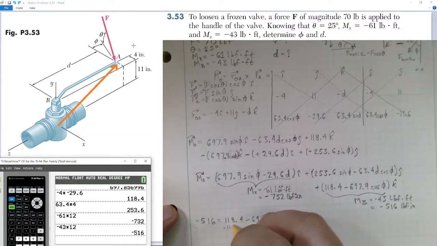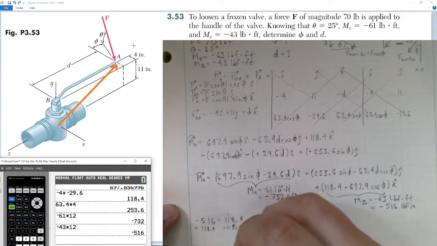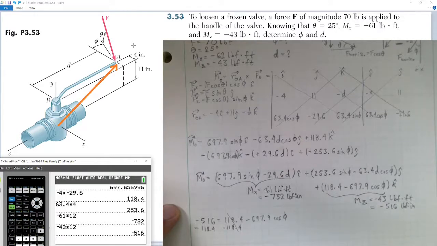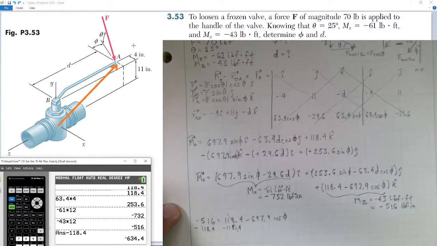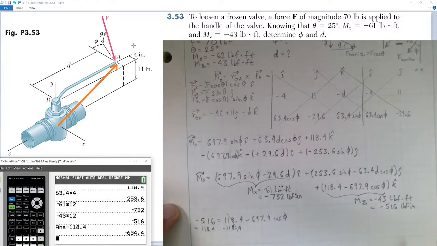We're going to subtract 118.4 on both sides. So this would cancel, and then we have our negative 516 minus 118.4, which gives us negative 634.4.